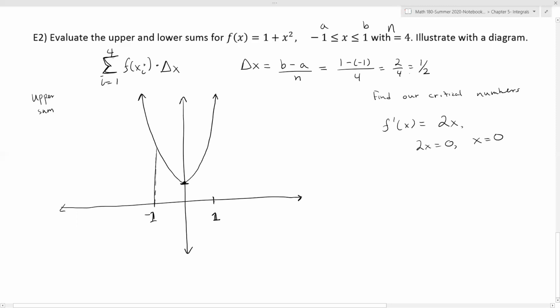Each one of my delta x's is going to be 1/2. So I'm going to go from -1 to -1/2, then at 0, then 1/2 and then 1, making each one of my intervals the same size. Let me draw that a little bit better. There you go.